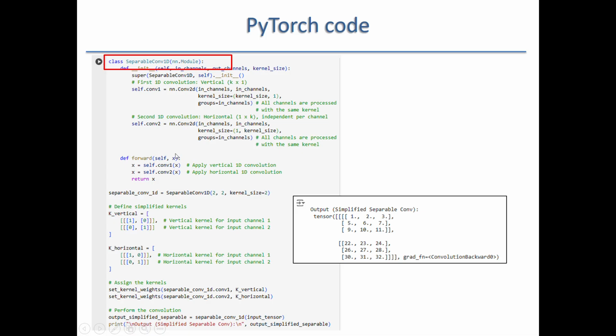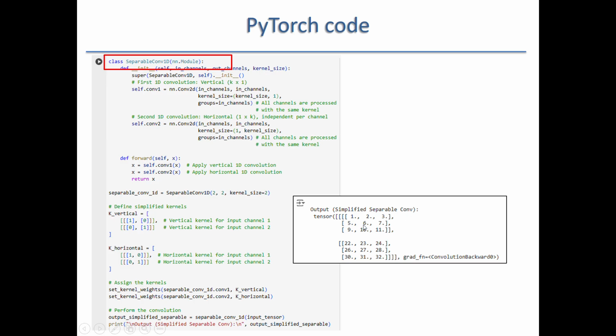We have an input image, we first apply the convolution vertically, and then the output, that is called x again, goes through the horizontal 1D convolution to produce the final output. Then we define our object, we define the vertical kernel for input channel 1, the vertical kernel for input channel 2, and the horizontal kernel for input channels 1 and 2. We set the weights, and we apply the convolution.